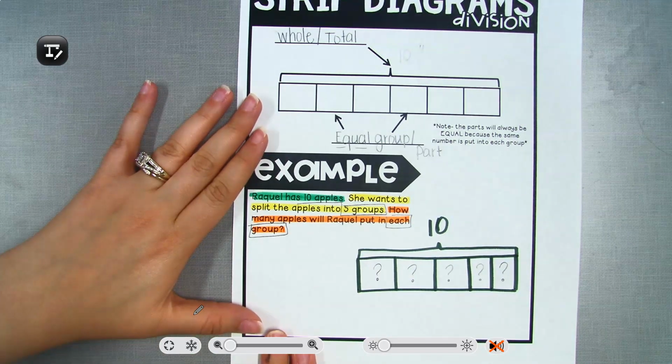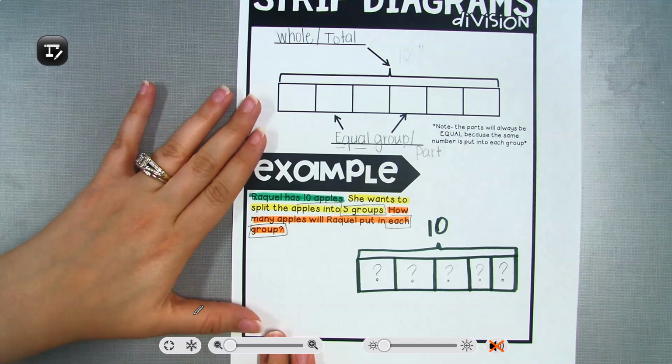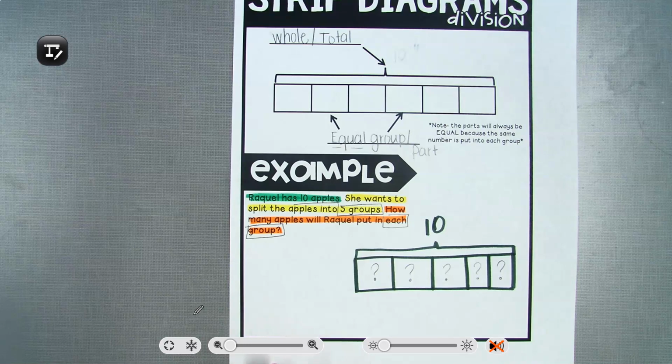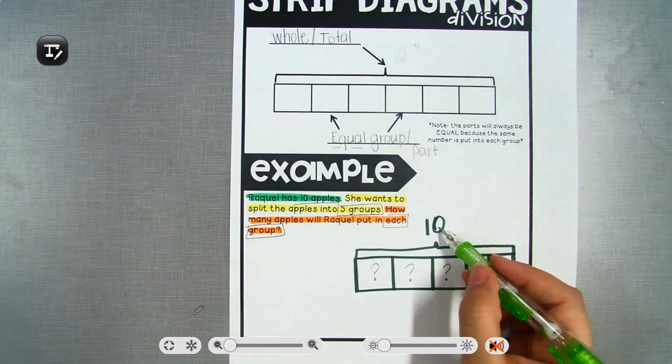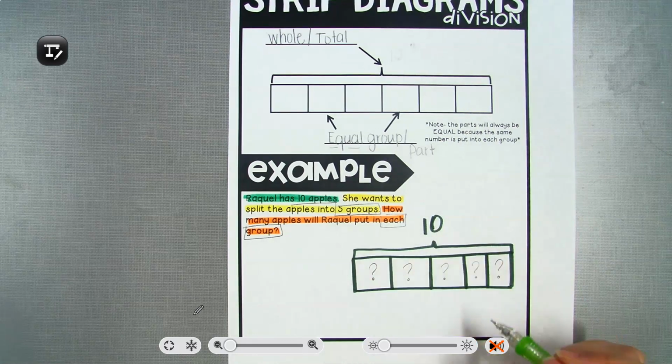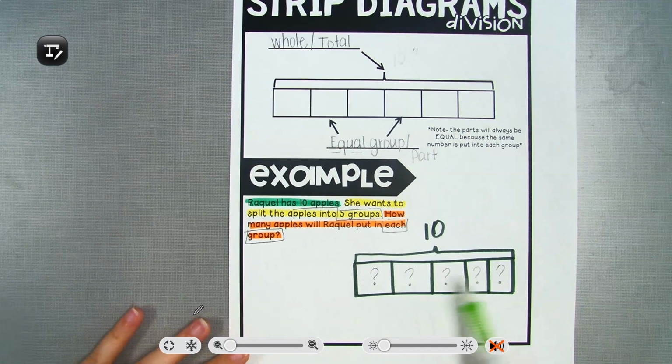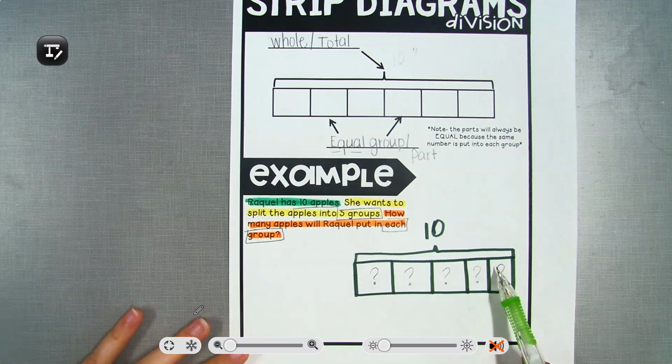Okay, so this is a division problem because remember, when we have the total and we know the groups, I'm going to take this 10 and I'm going to divide it into the groups. That means I'm going to give each group 1 apple until I have no more. Okay, now I'm not going to do that in these boxes.